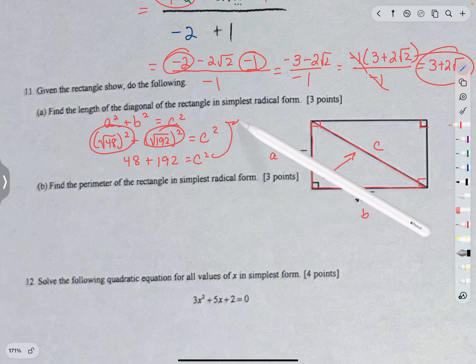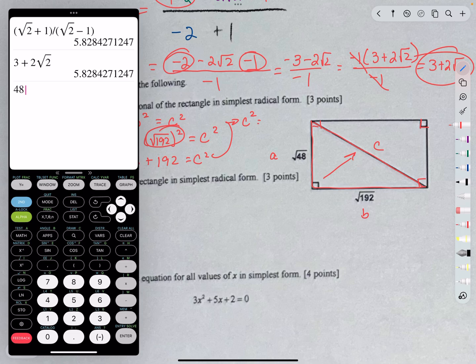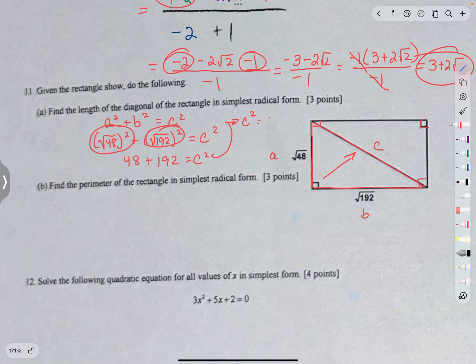And so c squared is equal to whatever 48 plus 192 is. So 48 plus 192, 240. So c squared equals 240, and so c equals the square root of 240, right? We're square rooting this side to give us c. We square root this side, and we've got this square root of 240.